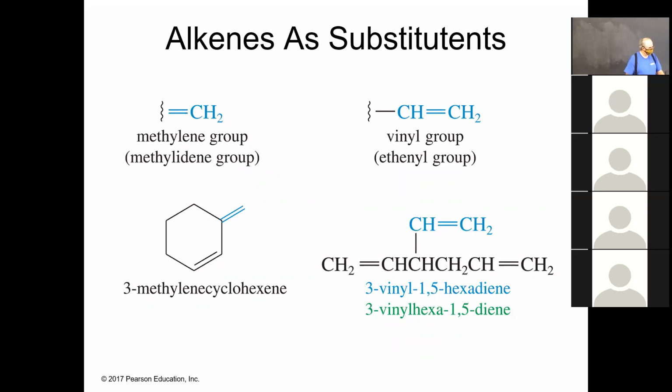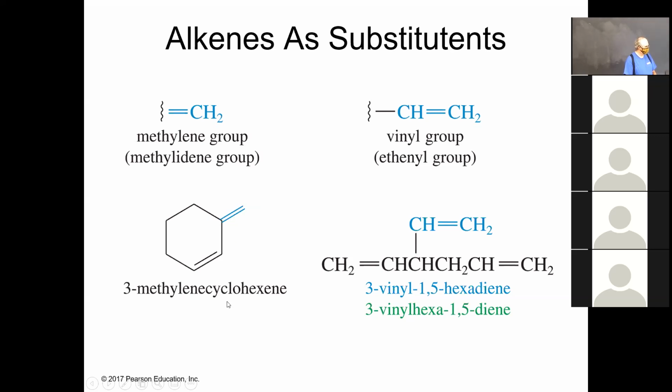Okay, here are a couple of examples of alkenes as substituents. This is a methylene substituent. And so the easiest way to name the compound below it is to call that a methylene substituent, the alkene that's external to the ring.